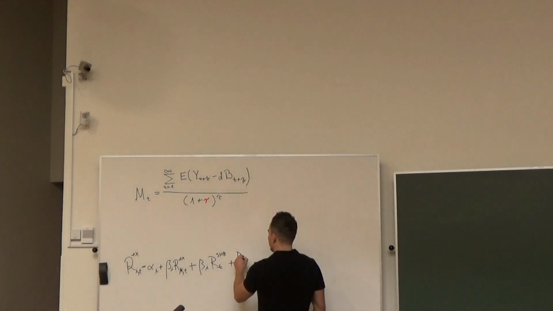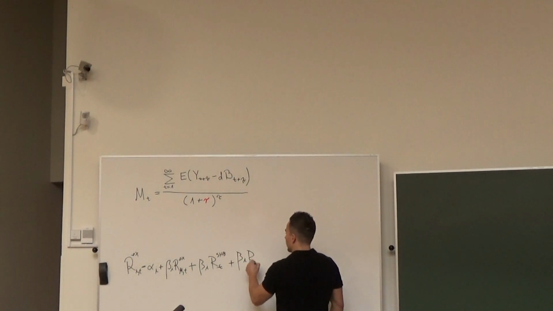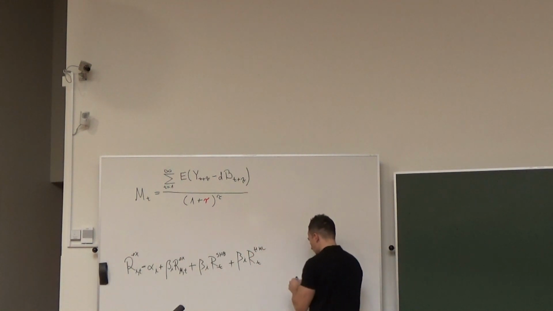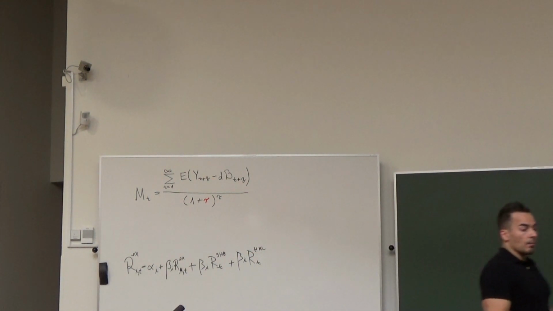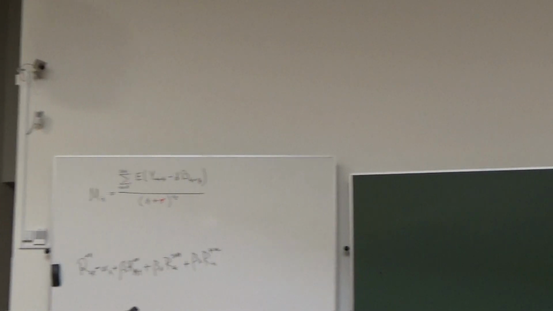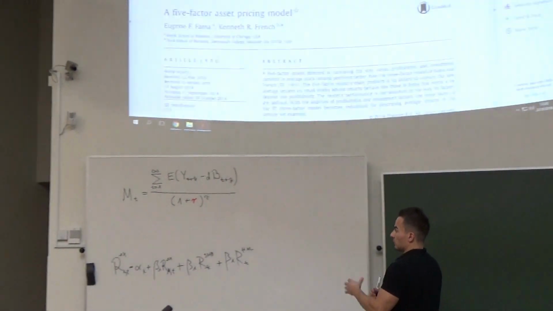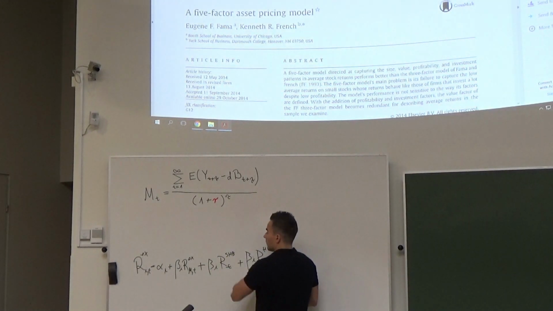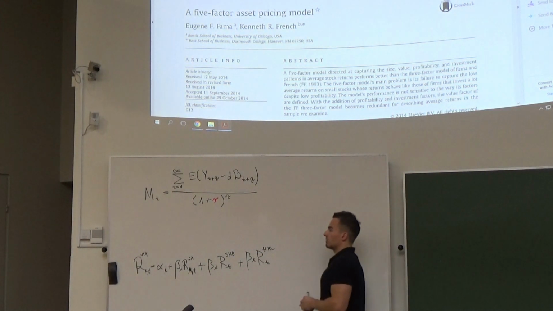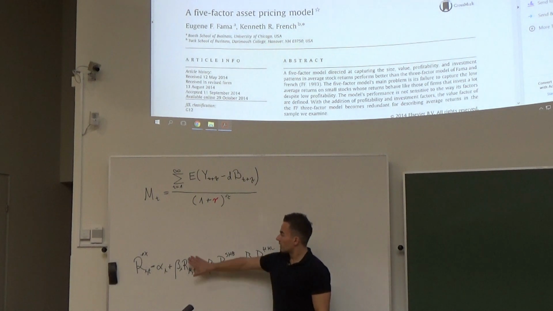So we have a beta loading, a sensitivity, against the HML factor as well. In their 1993 paper, they could show that their three-factor model prices or describes the cross-section of asset or stock returns much better than the CAPM alone.